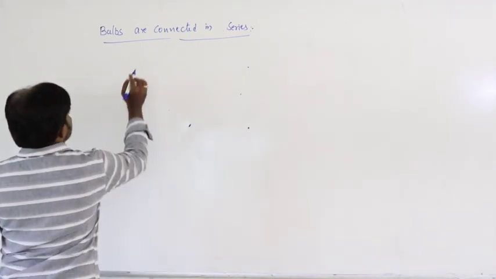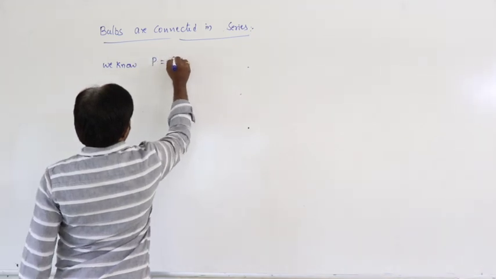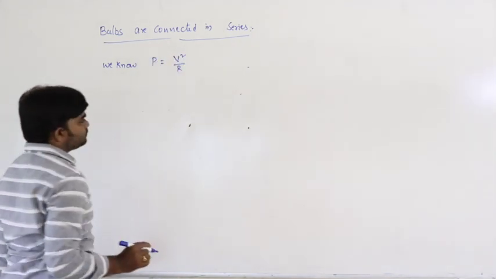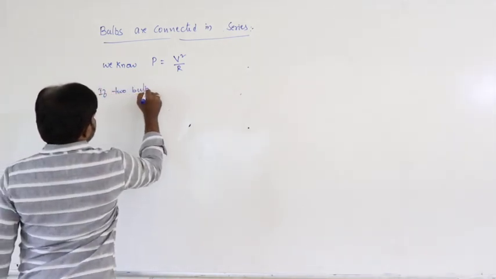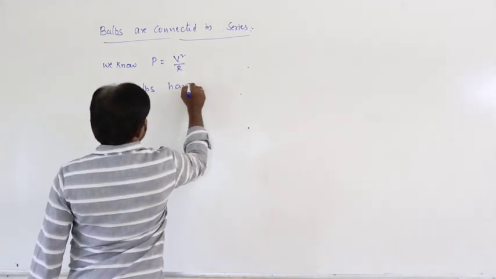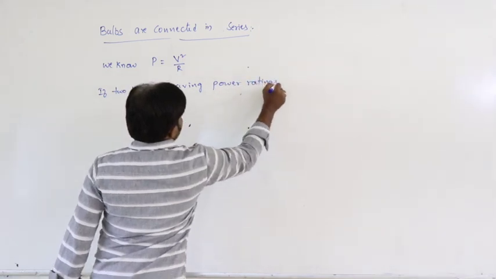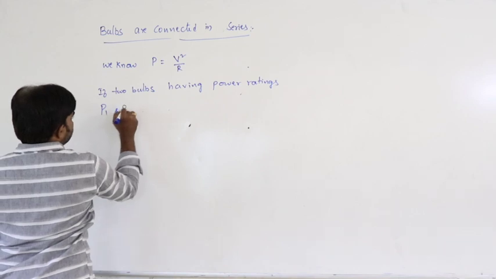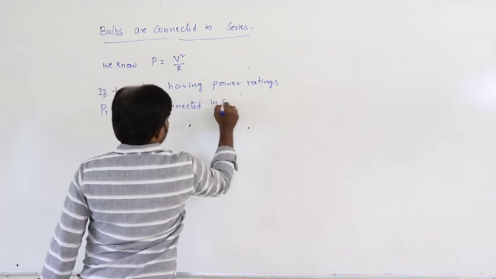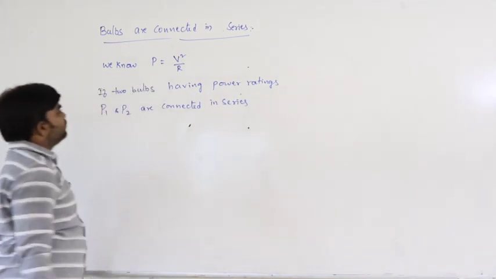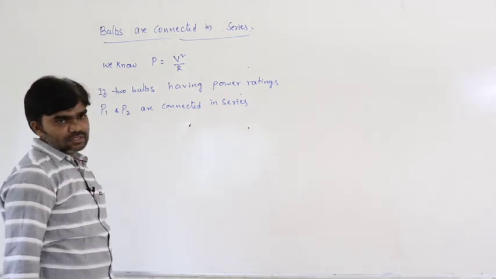So see here, we know P is equals to V square by R. So here, for example, if two bulbs having power ratings P1 and P2 are connected in series, what happens?